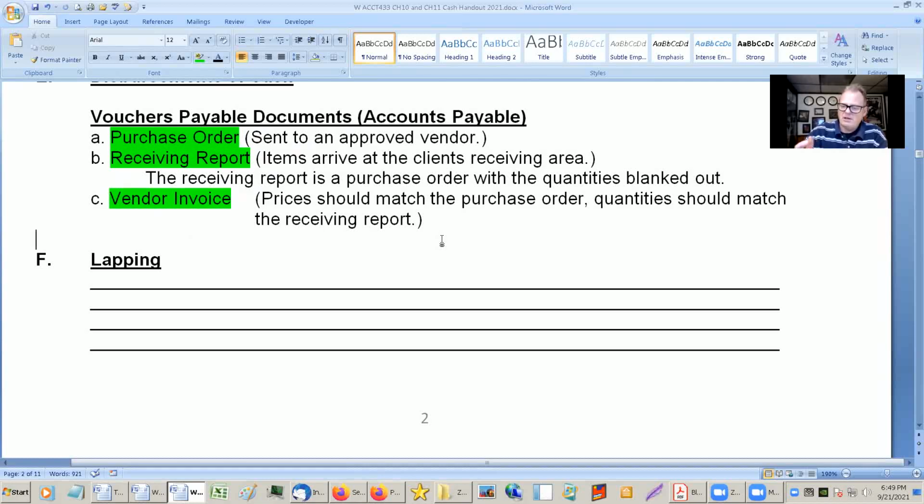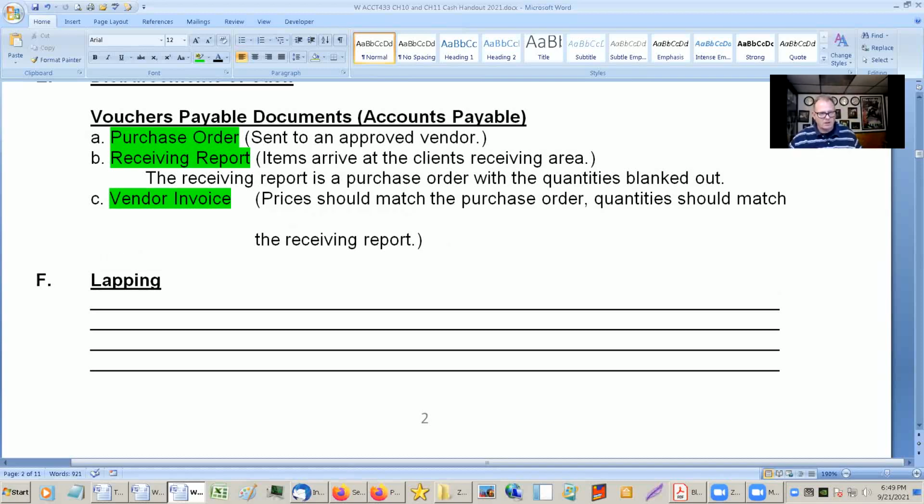And we cancel all those things. We cancel the purchase order, because we don't want them sending things twice. We cancel the receiving report, again, we don't want them receiving things twice. And we cancel the vendor invoice. All three of those things get canceled.